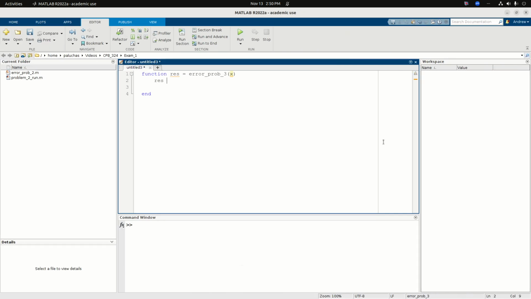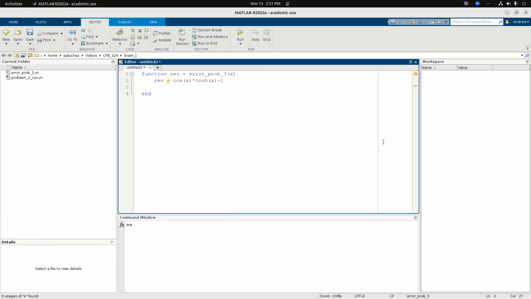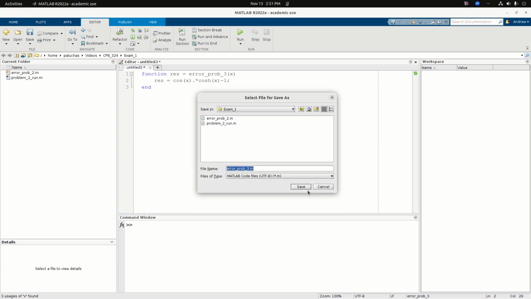So res is going to be equal to cos x times cosh x minus 1, and I'll put periods in here, making sure everything's element-wise. There's my error function.